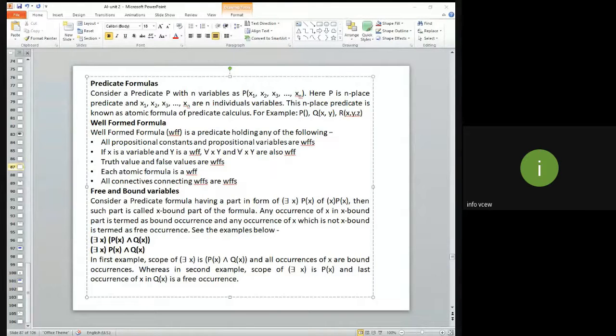Is that a free variable or a bound variable? How can you find the free variable or bound variable?